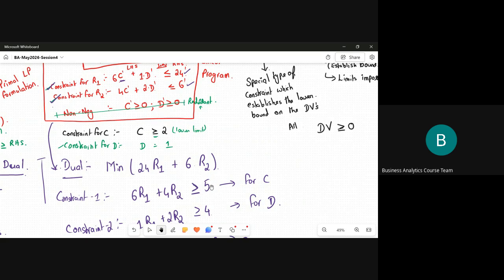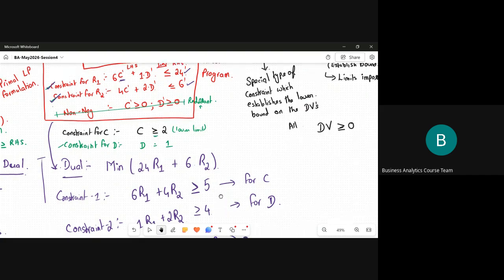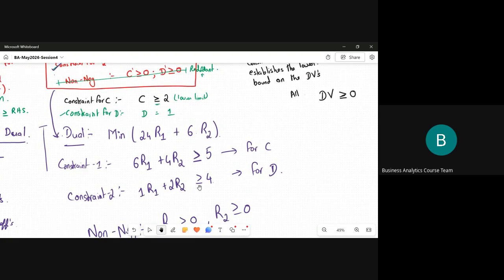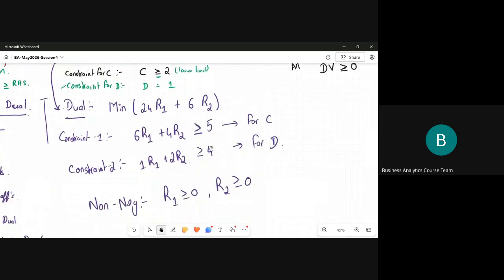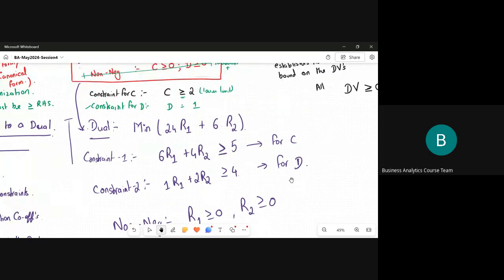So that 5 must be less than or equal to the amount of money I spend on raw materials. So 6 R1 plus 4 R2 must be greater than or equal to 5, and 1 R1 plus 2 R2 must be greater than or equal to 4. The corresponding coefficients in the respective constraints for the particular decision variable C go into creating this. So this is the dual formulation.